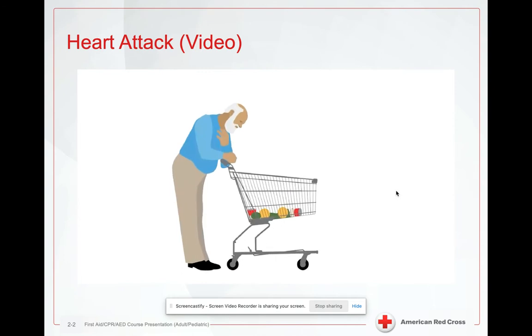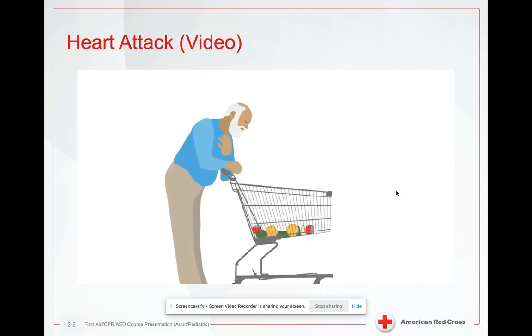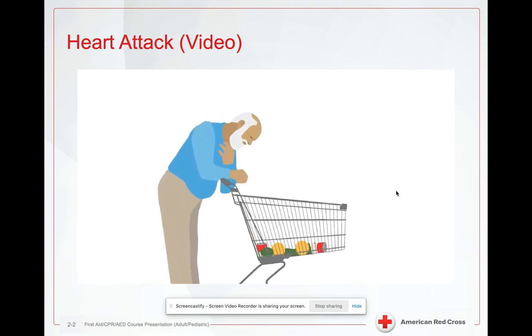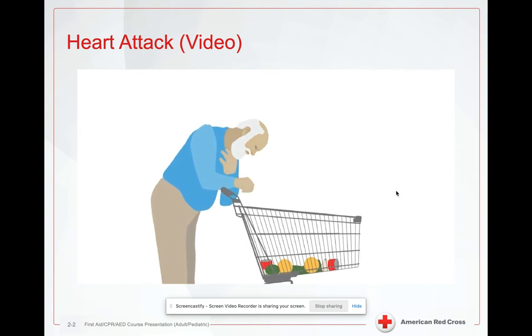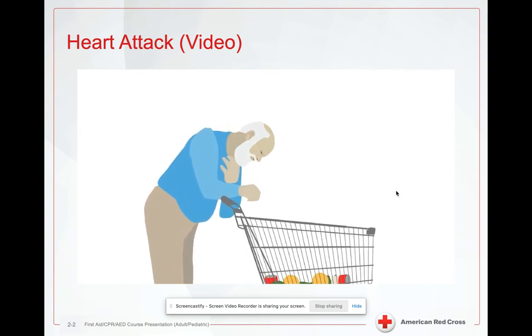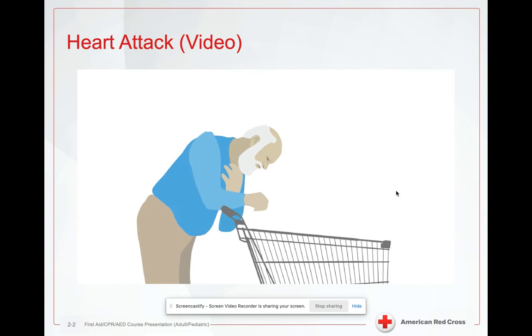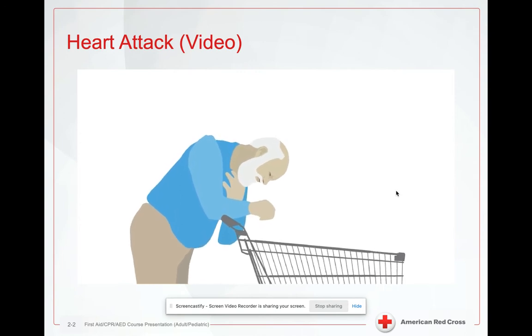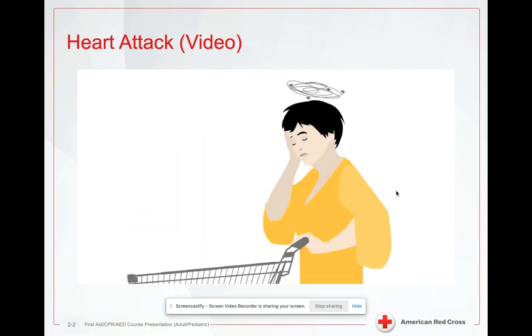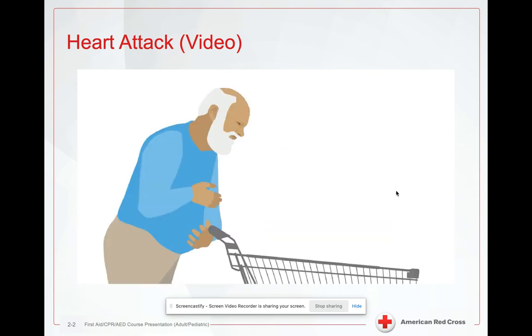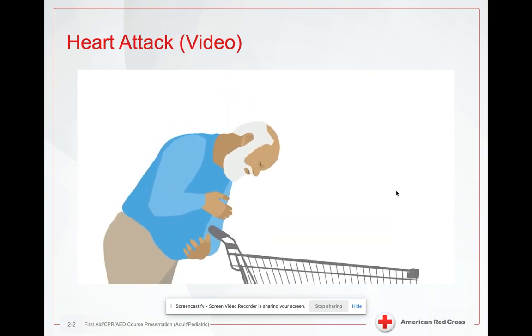The person's appearance and behavior may also offer clues. The person's skin may look pale or slightly grayish or bluish, and the person may be sweating heavily. The person may be having trouble breathing and feel short of breath. Some people become dizzy or lightheaded, or feel nauseous or vomit. Others may become unresponsive.